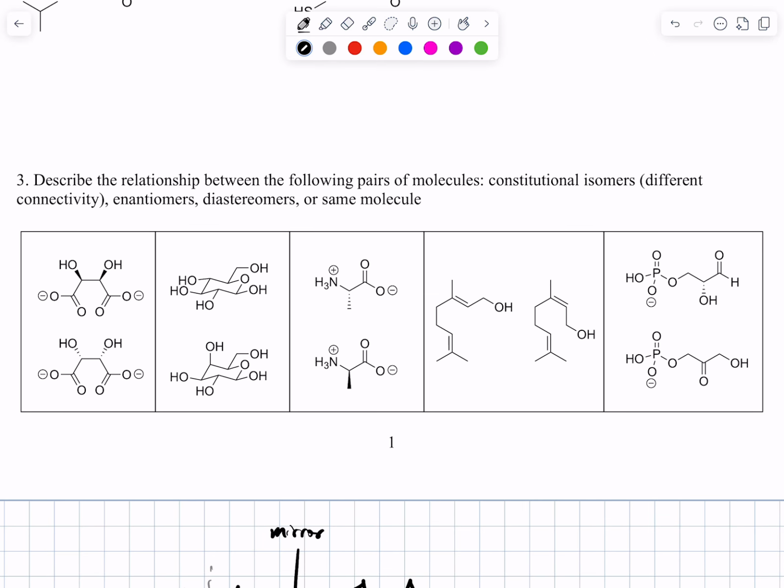Okay, so you've got choices. They could be constitutional isomers, that is different connectivity. They could be enantiomers, they could be diastereomers, or they could be the same molecule.